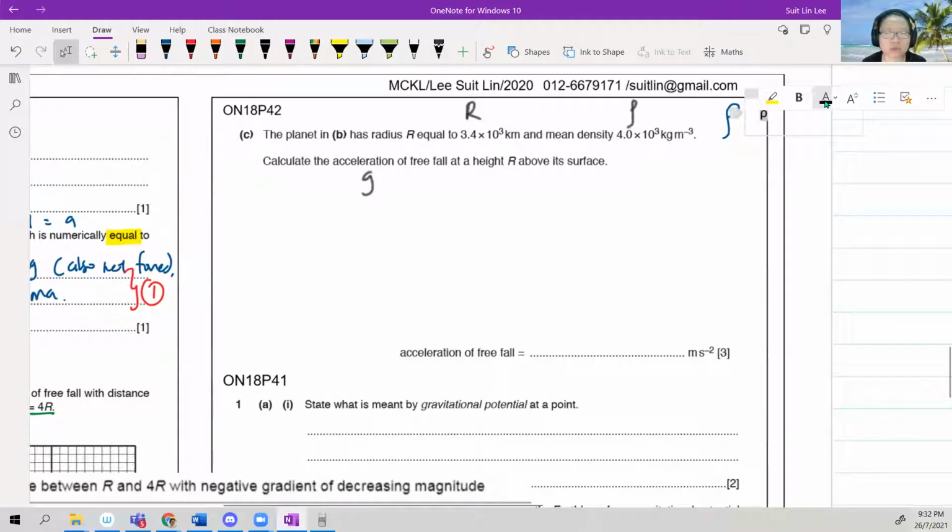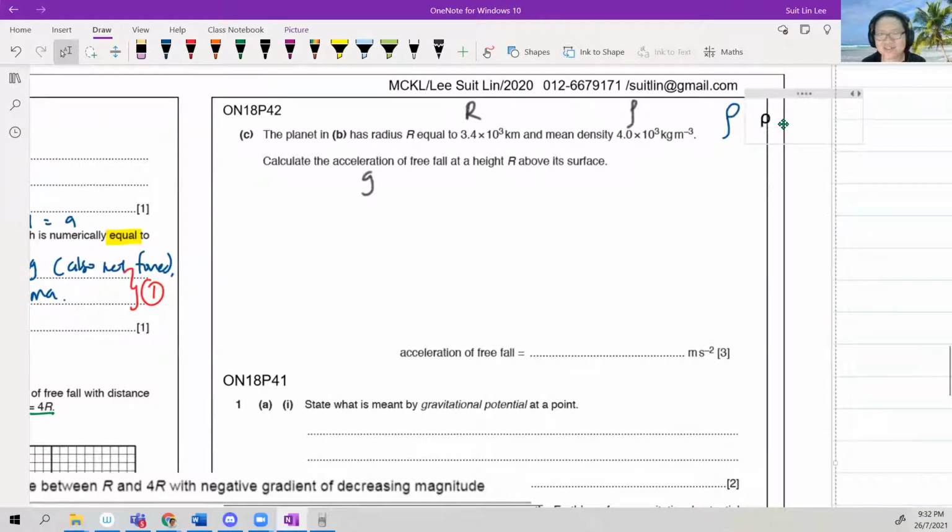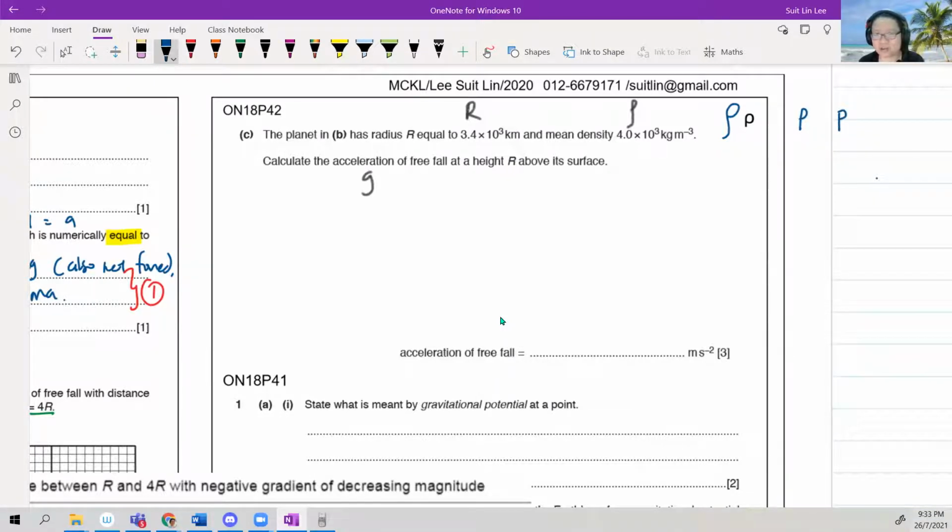Do you see the problem if I actually write the exact symbol? It looks like P, my dear. If my density looks like pressure, or power, it may just conveniently go away, because when I write this, it looks a lot like P in my brain. So I want to differentiate density, I write like this.